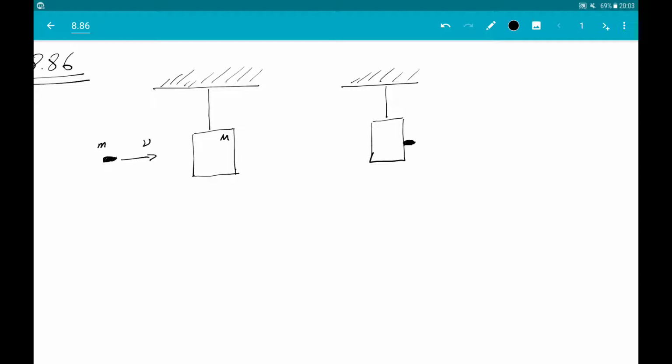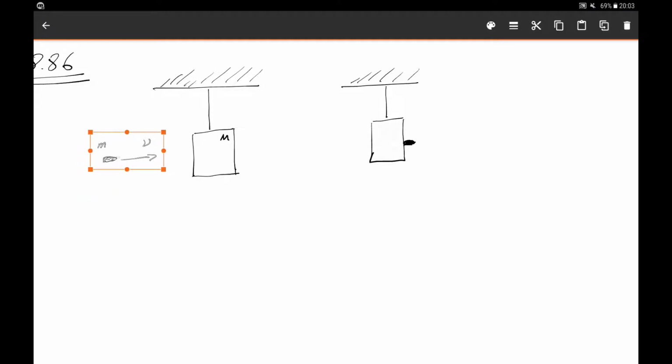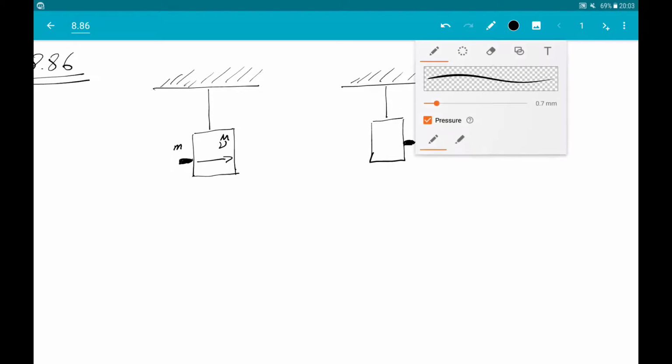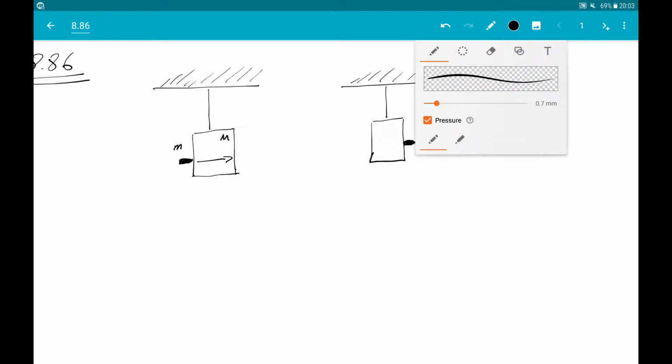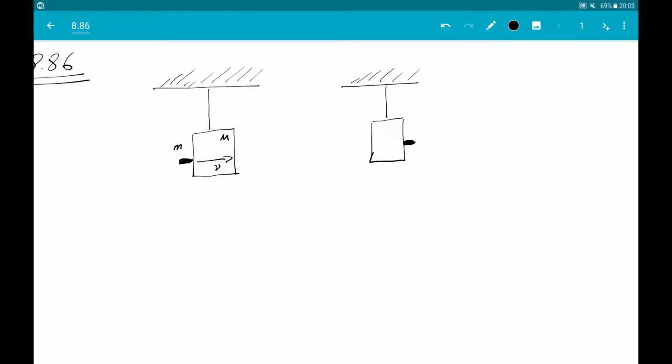I actually drew this right here, so that's really right before the collision. My velocity symbol is going to be in the way. So this is really right before the collision.